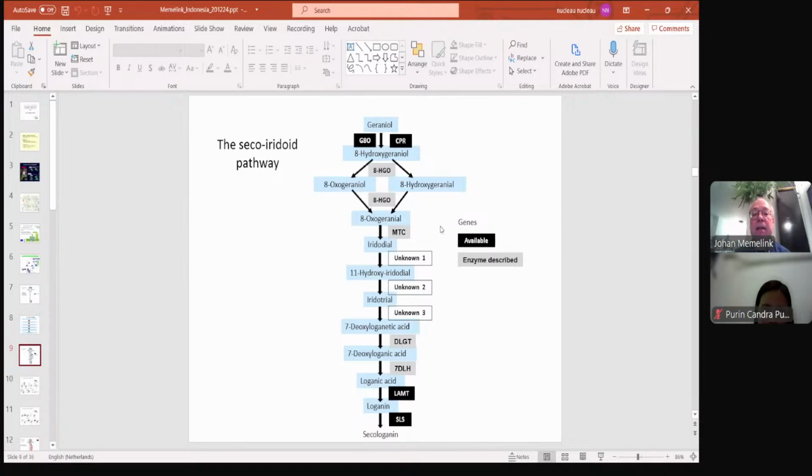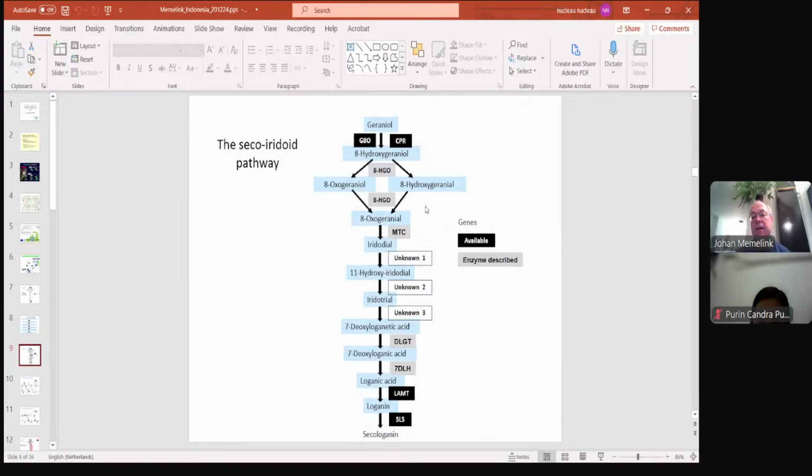What I've indicated here is a little bit more than in the previous slide. Besides the known enzyme, I also indicated a number of enzymes that were described. What I mean by described is that the enzyme activity was reported in a plant extract. Certain researchers made plant extracts from Catharanthus, did an enzymatic assay and could find this enzyme activity.